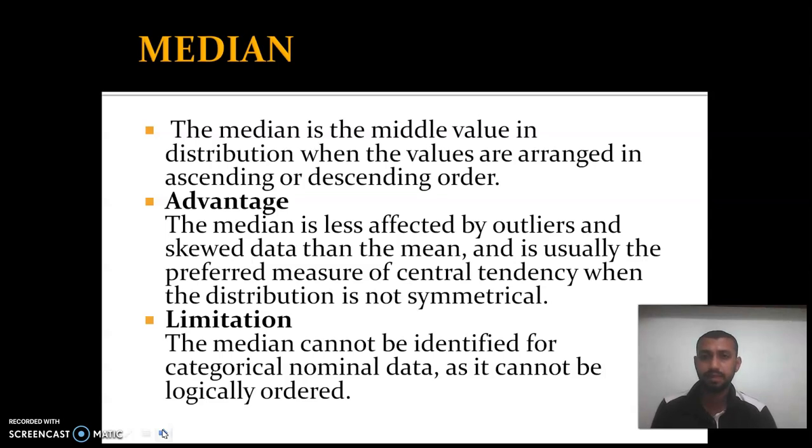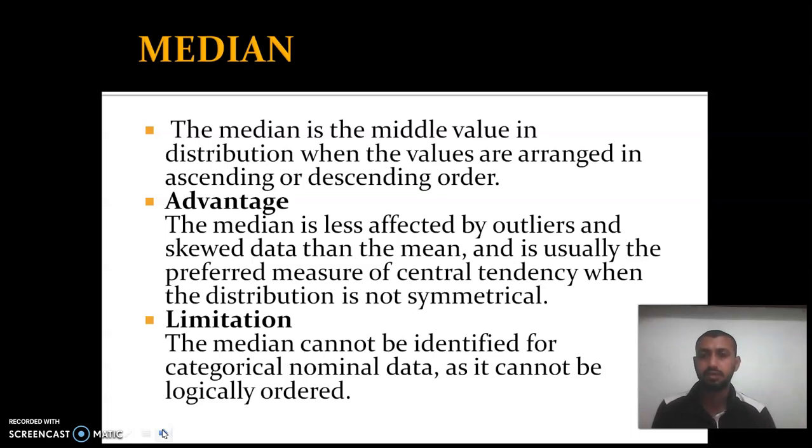But the advantage is, if the data is not symmetrical, the median is less affected by the outliers. Outliers are those numbers which are completely different from the whole data. For example, say there are 10 students in a class, and 8 students have marks that lie between 60 to 70.